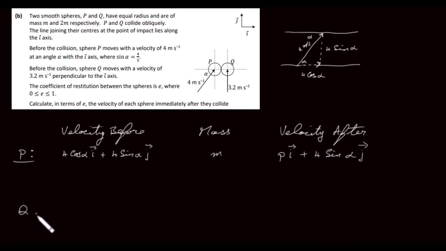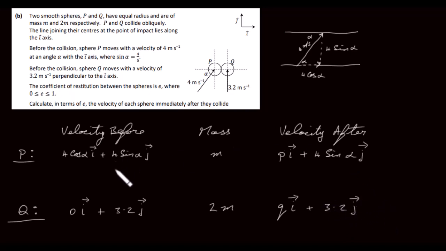Now the Q sphere, on the other hand, is just going in the vertical direction upwards, so its velocity beforehand is going to be 0 in the i direction and 3.2 in the j direction. Its mass is 2m. Again, we don't know what the velocity is going to be afterwards, so we just call it q in the i direction, and then in the j direction it's going to be the same as the velocity beforehand, which is 3.2 j.